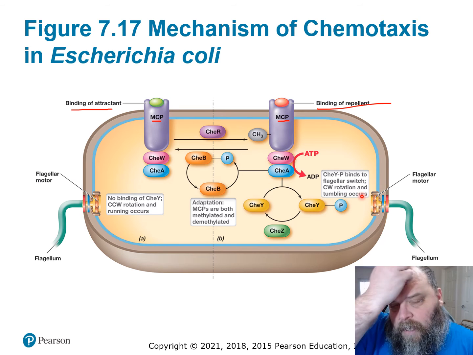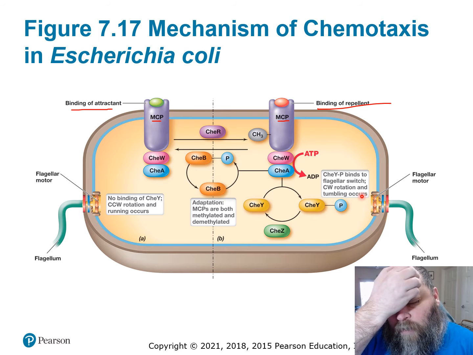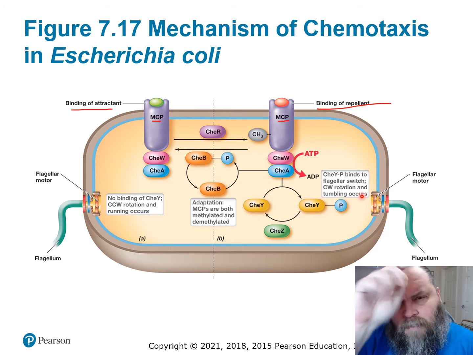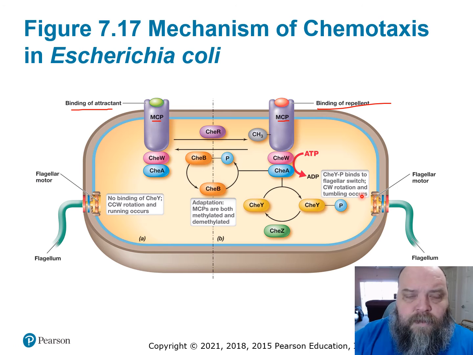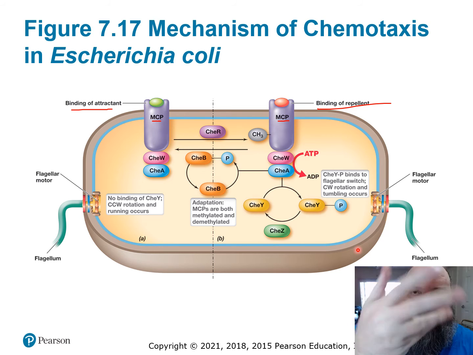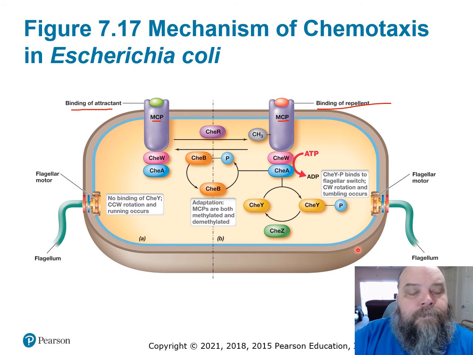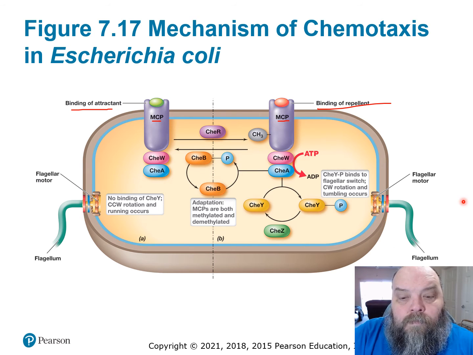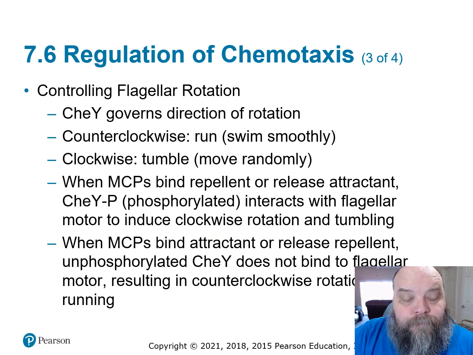You would think the clockwise rotation would be the same, just because things are going one way versus another, that the way the flagella acts, the way the cell acts would be the same, but no. This is more of a tumbling activity, more of a random run, stop, run, stop, repellent, attractant. So CheY ultimately governs direction.